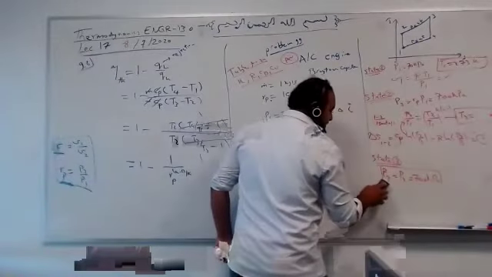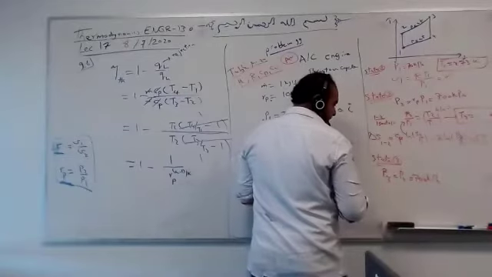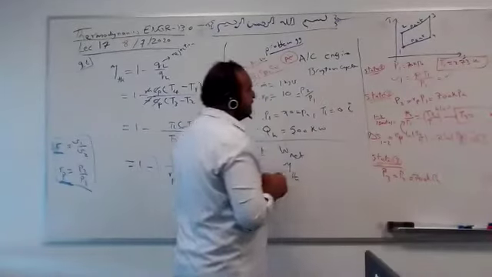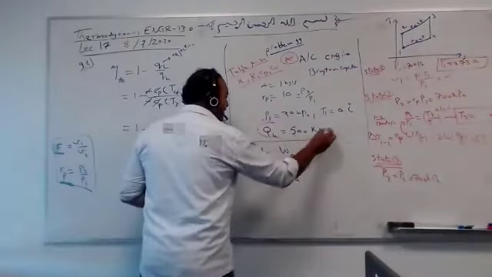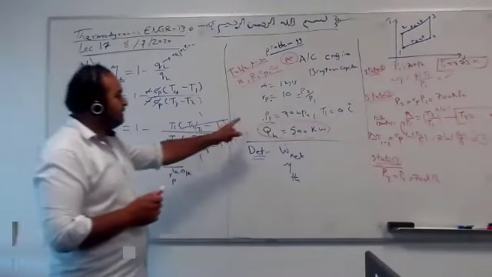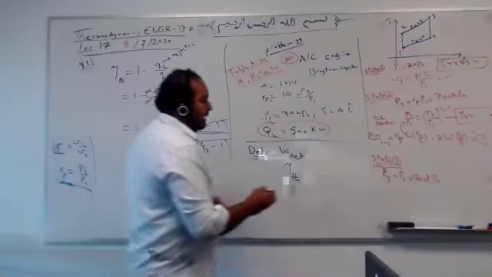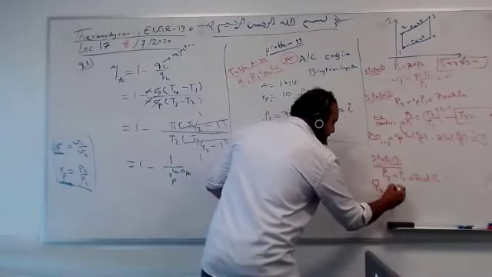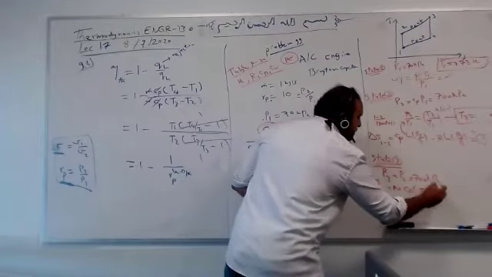But how about the last thing? How can I get T3, guys? Q high is equal to m dot Cp delta T, which is T3 minus T2 between 3 and 2.